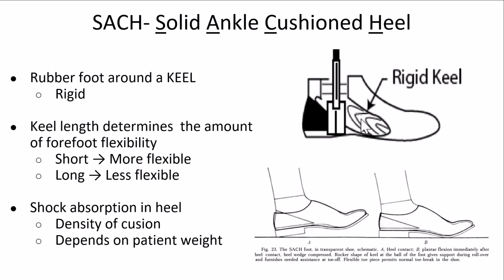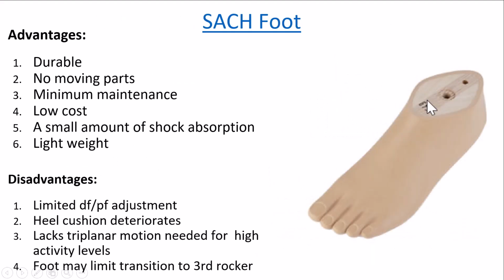Okay, the keel length is going to determine the amount of forefoot flexibility. So in other words, if you want a lot of forefoot flexibility, you'd want a shorter keel, and a longer keel is going to allow the bend to be less. Okay, there's also going to be a rubber heel, and that's going to help promote shock absorption.